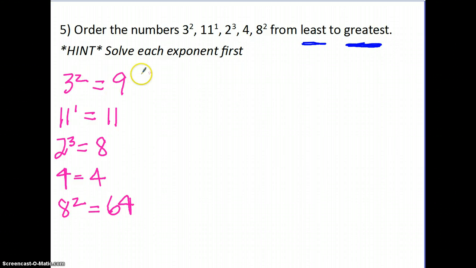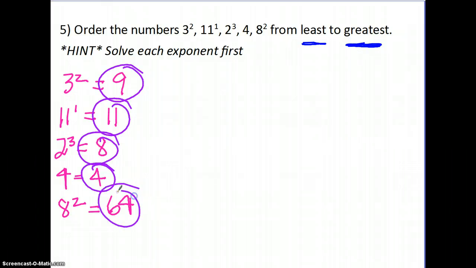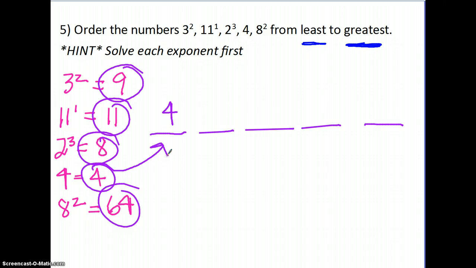So these are the values that you are going to order from least to greatest, okay? But you can't write these values, you have to write them in exponential form. So I'm going to write 5 lines to help me. I'm going to start with my smallest, which is 4. My next is 8, but I'm not going to write 8, I'm going to write 2 to the 3rd.